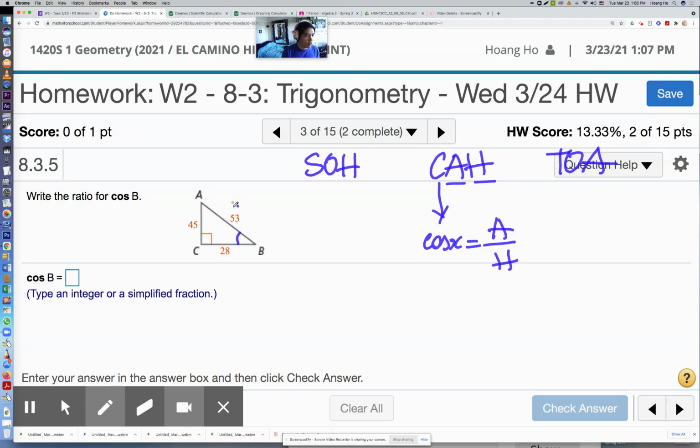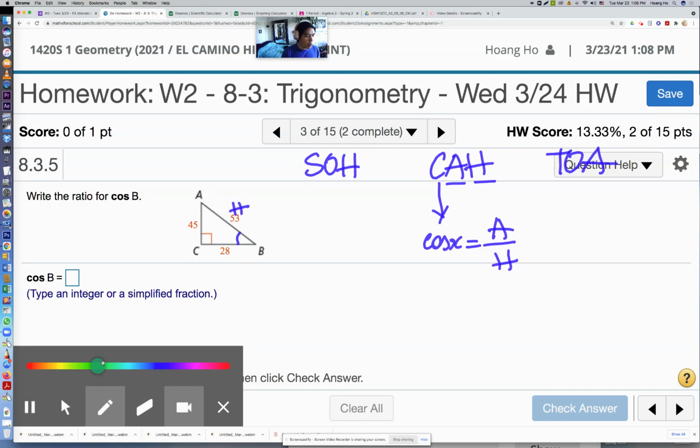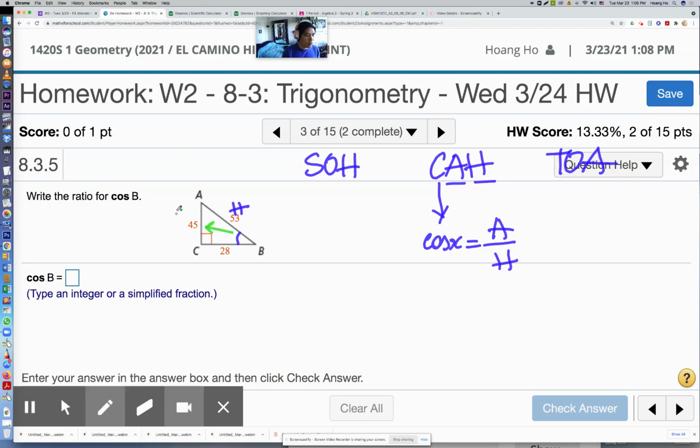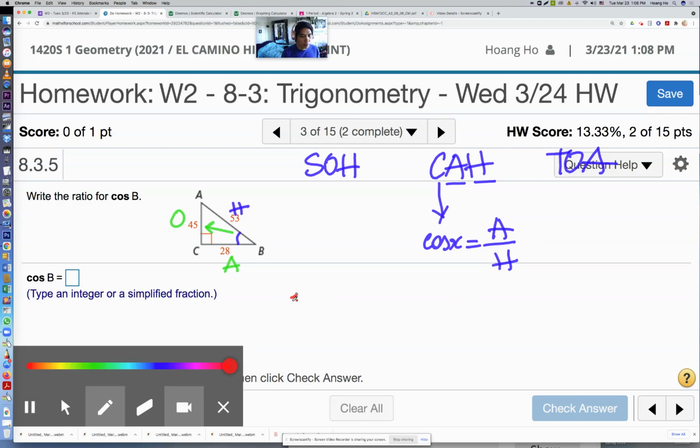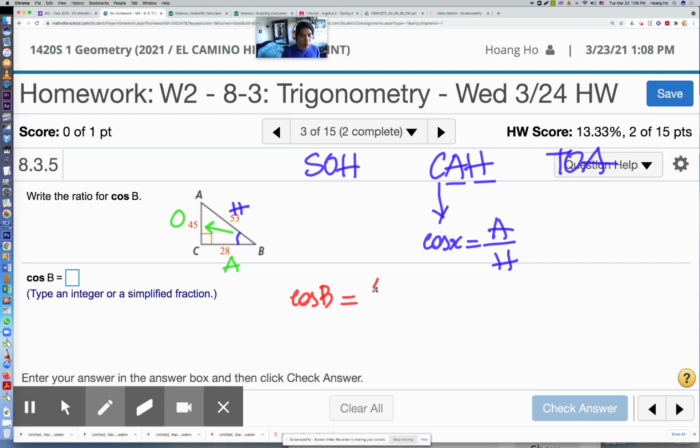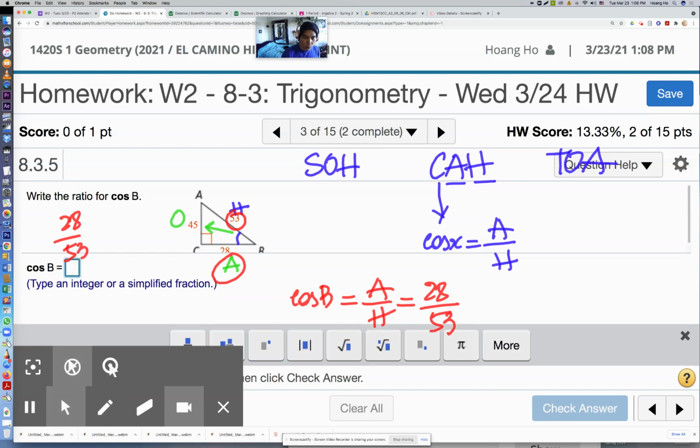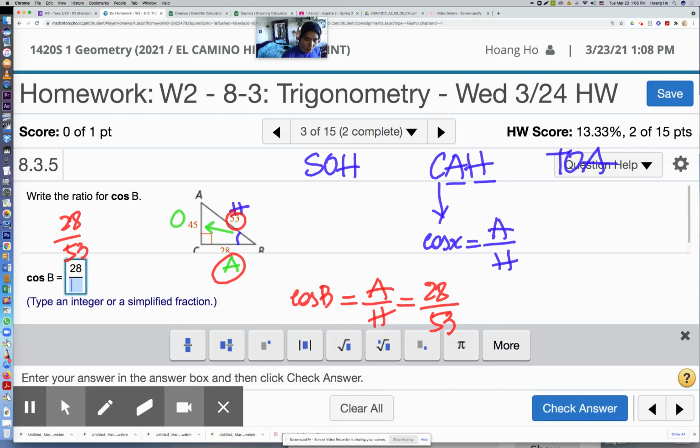In this triangle, 53 is the hypotenuse, so opposite should be 45, and adjacent should be 28. So cosine of angle B equals adjacent over hypotenuse. Adjacent is right here, 28. Hypotenuse is 53. Is it already simplified? It is. So 28 over 53 is your answer. Done.